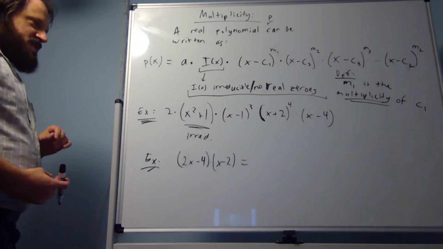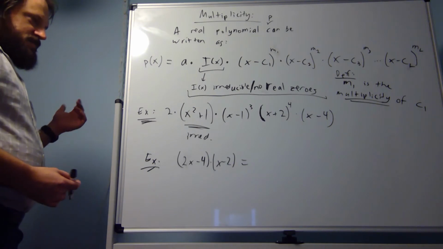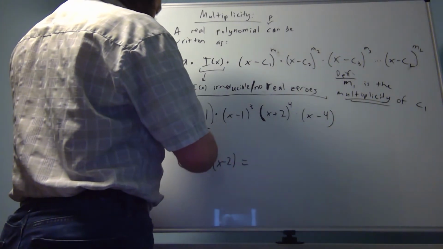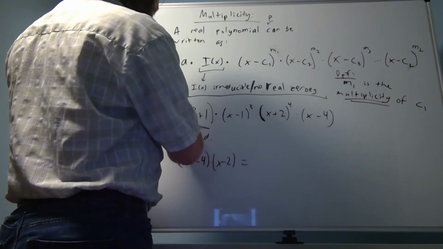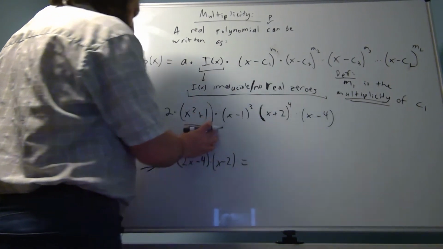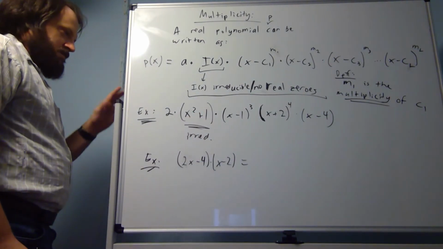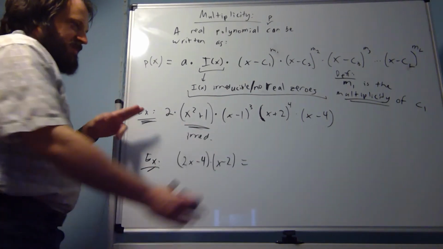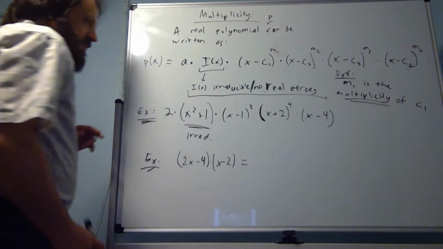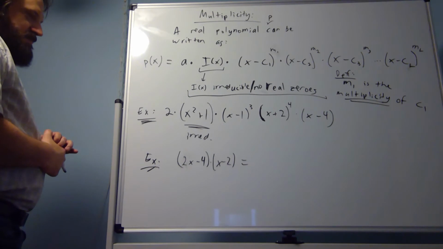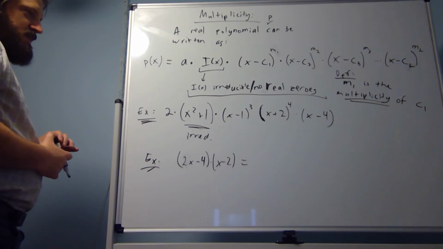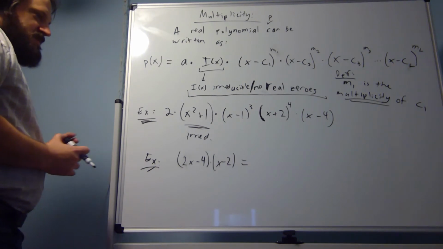What I want to focus on is the ones that you actually can factor out. There might be a bunch where those factors can be 0.